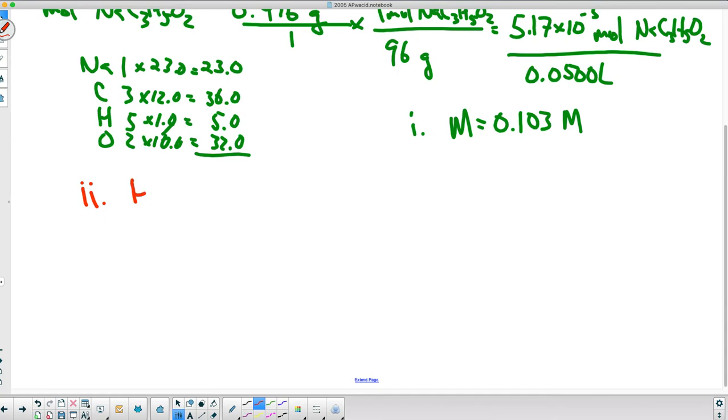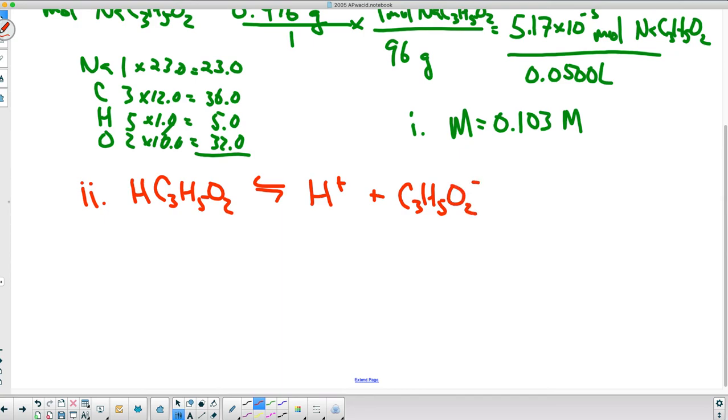We're going to start off with C3H5O2 plus C3H5O2 minus. I'm going to start with my concentration of 0.103. It's literally right above me there.